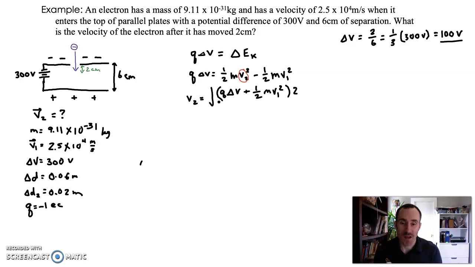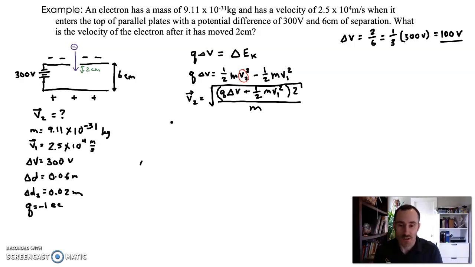And we need to divide by mass. Okay, there you go. So you could, if you would like to, put the numbers in first, and then simplify it a little bit, and then do the algebra if that makes you more comfortable. Totally fine. Okay, so this is velocity 2.